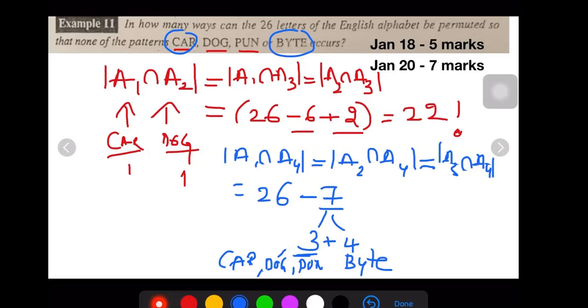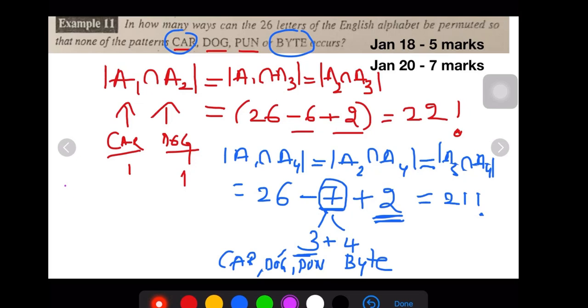From all this, you will get 3 characters, any one of these. So that becomes 7 here. That plus 2. So you are removing those individual characters, then including each one as a separate object or separate pattern. So you are including 2, it becomes 2. So totally 21 factorial.